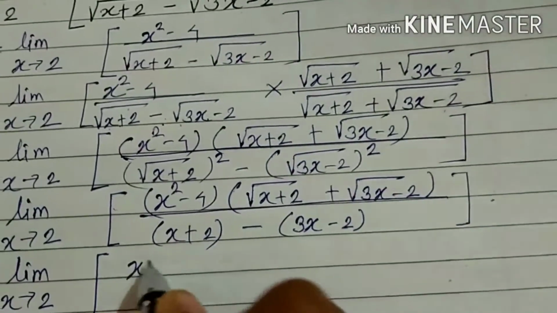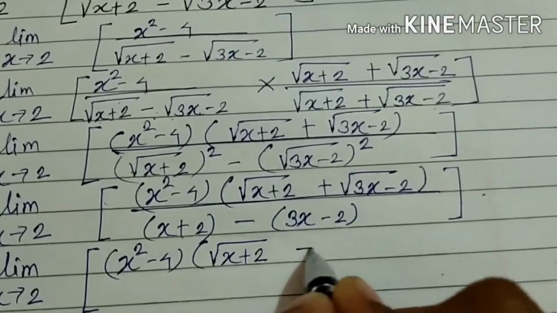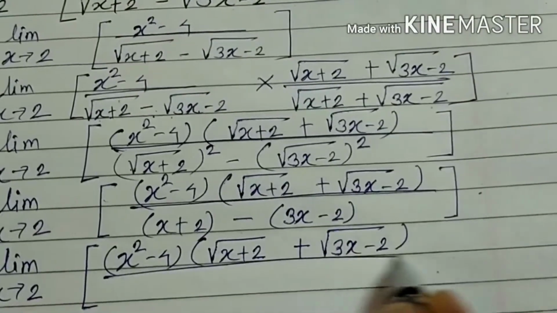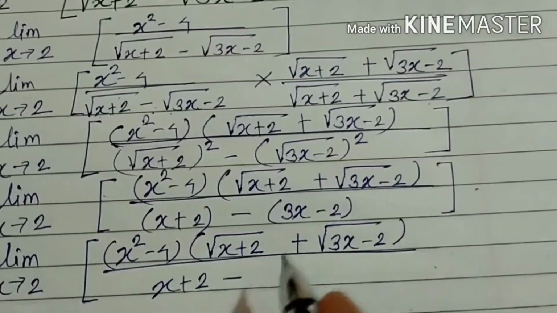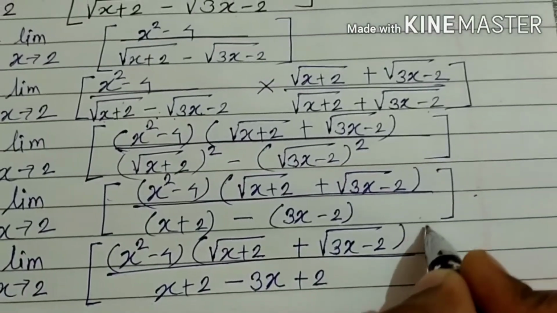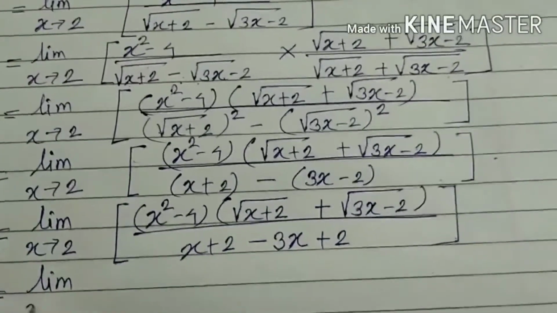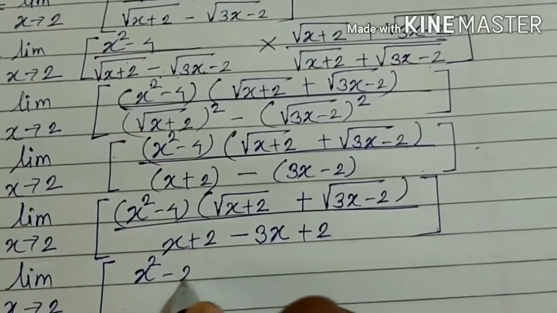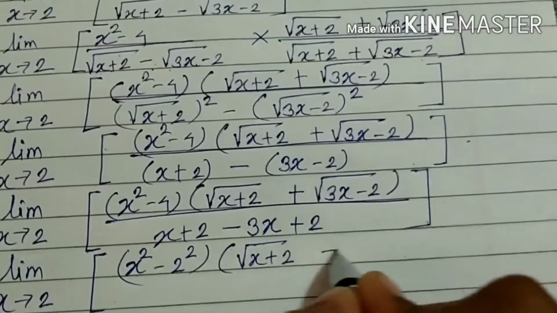Now this is x square minus 4, and it is under root of x plus 2 plus under root of 3x minus 2 upon, now open the bracket, then the sign will change because of the negative sign, it is plus 2. So limit x tends to 2. Now suppose that x square minus 2 square, because it is treated like a square minus b square.